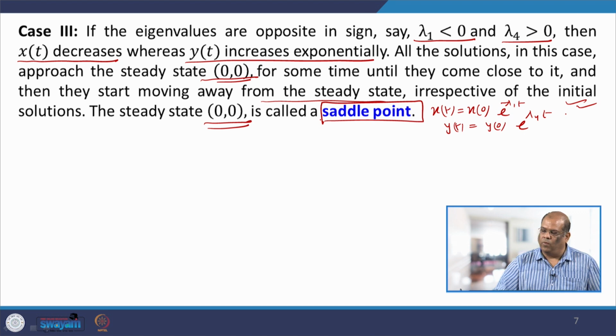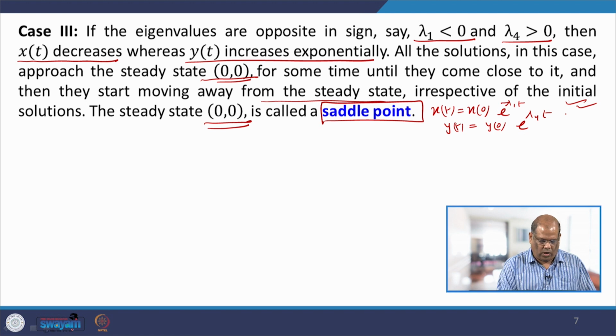In this case, one of the roots is positive and one is negative. So, due to the negativity, one solution will approach the origin, and due to positivity, the other solution will move away from the origin. So, the dynamics says that after reaching close to (0, 0), it will come out of the system and move away.